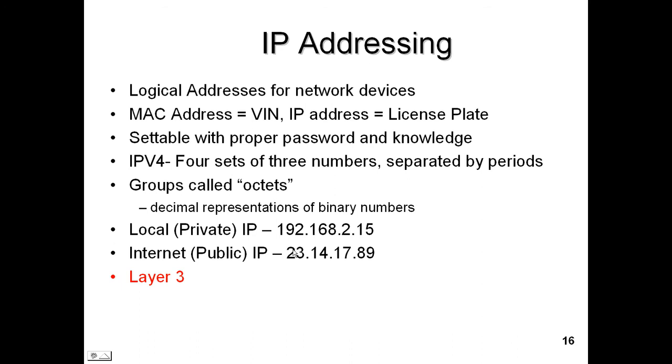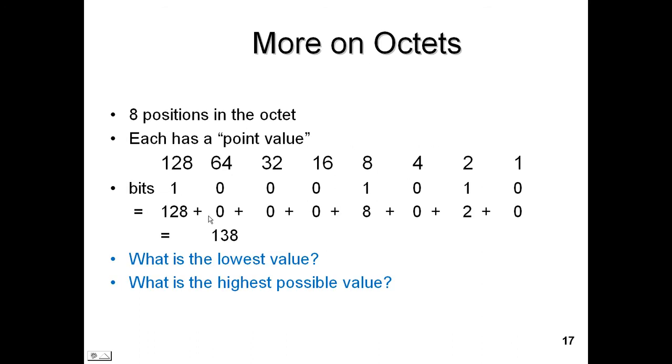So what does this mean here? This means that in IPv4, these octet positions that are separated by periods, the valid numbers in them are going to be from what? Well, if all the bits are set to 0, the lowest value can be 0. What can the highest possible value be if every bit is turned on?